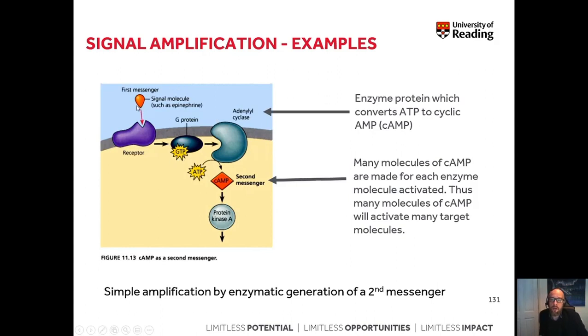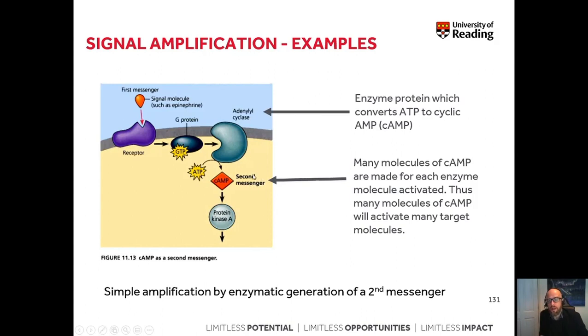After binding of a ligand or a signal molecule to a receptor, this leads to dissociation of the G protein from the receptor. G protein binds to another molecule in the membrane, which is an enzyme, and this enzyme converts ATP to many molecules of cyclic AMP. And cyclic AMP is a second messenger in this system.